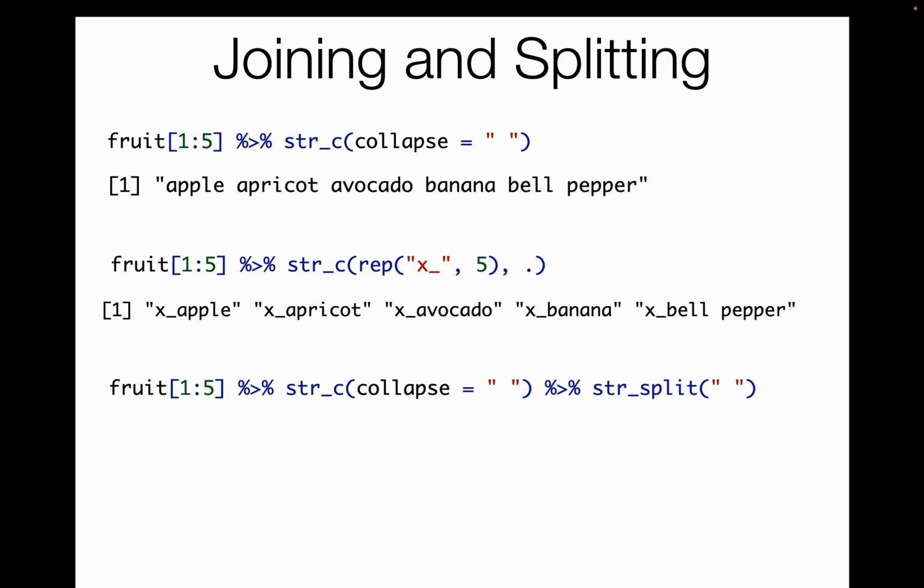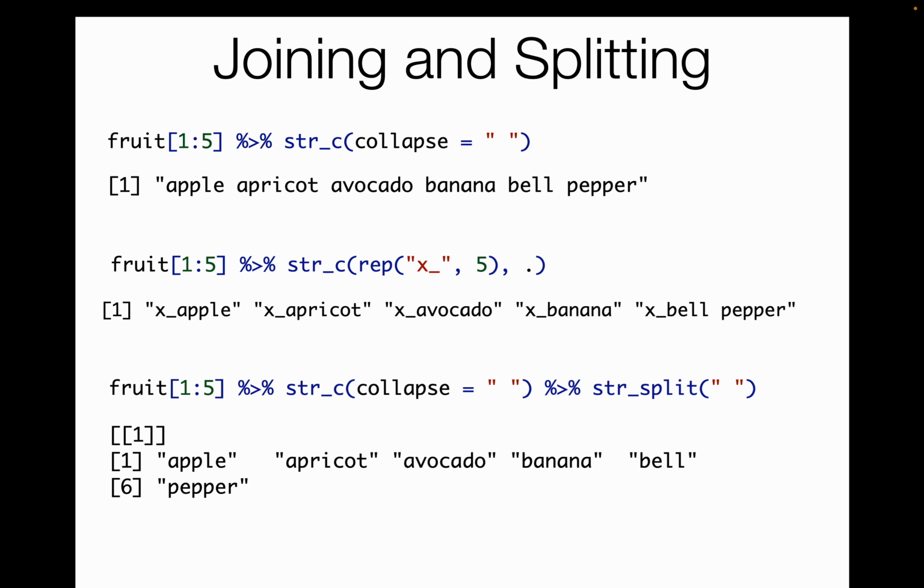So anyway, that's str c. str split is the opposite of str c. So I put them all together, and then I split them apart. Which almost works, but bell pepper already had a space, and so it's now two separate things. But it splits based on what you want it to split by. So I put a space there, and then I split by space.